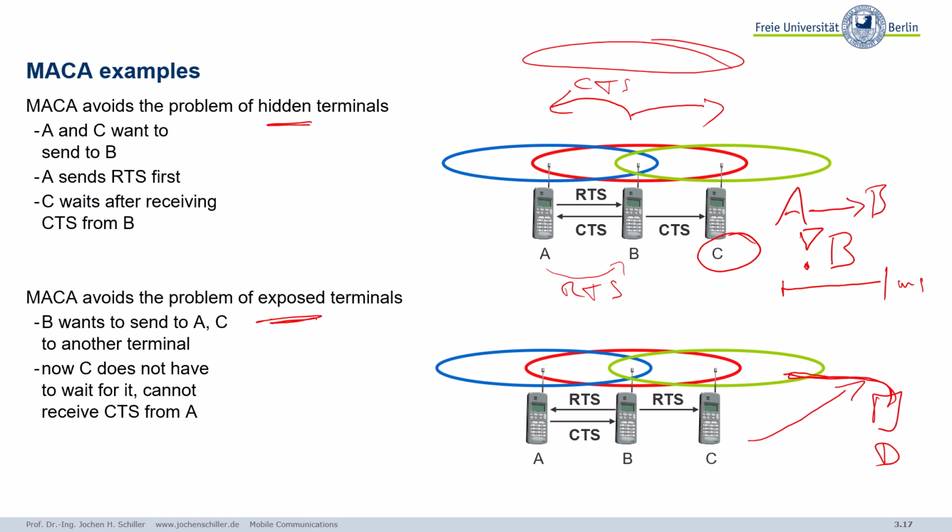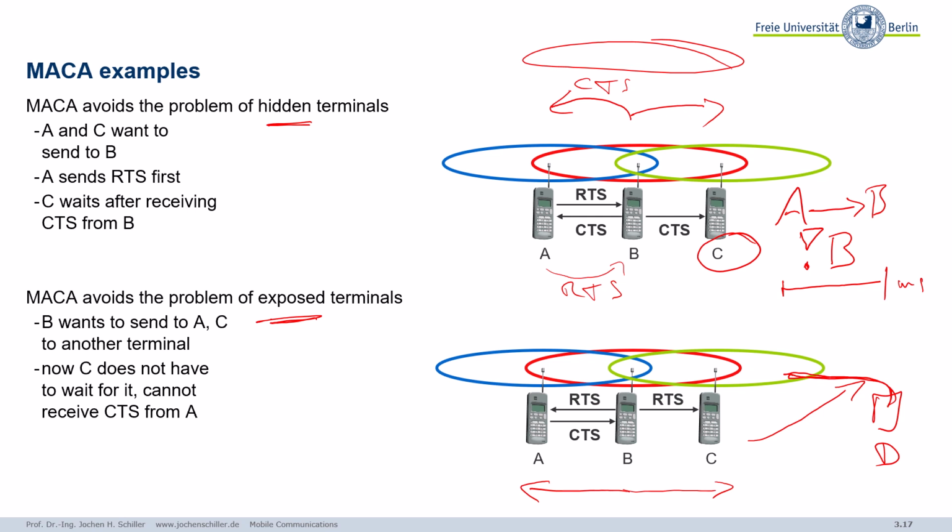So C wants to send something to D, and B wants to send something to A. Now the problem was that if C performs carrier sensing, because of the transmission range and the broadcast character of B, C will receive the signals from B and refrains from sending. That means exposed. So C is exposed to B.